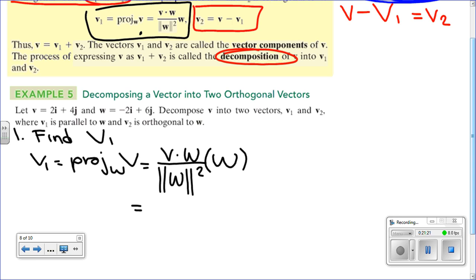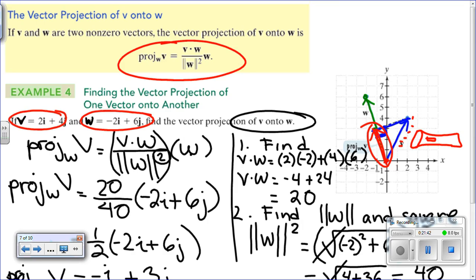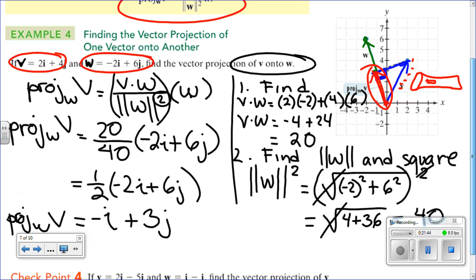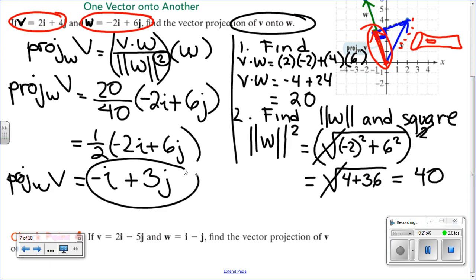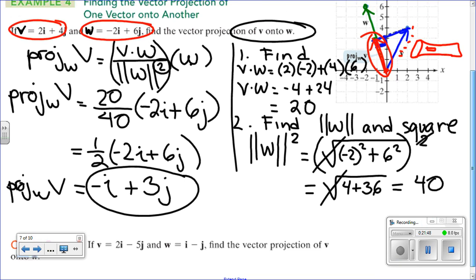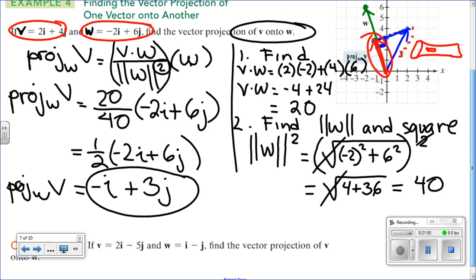Yes, it is. We already know this vector: 2i plus 4j, negative 2i plus 6j. So I'm just going to take the vector that we found previously to save some time. Is that okay? Yes? So we're going to take this one right here.